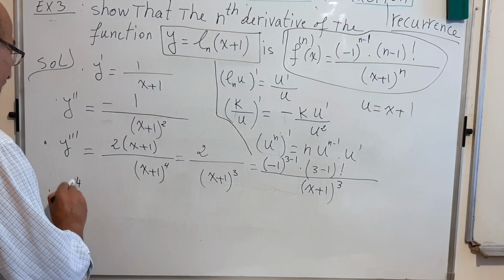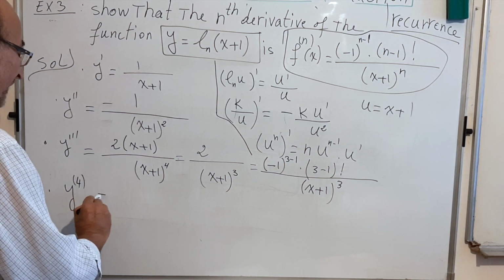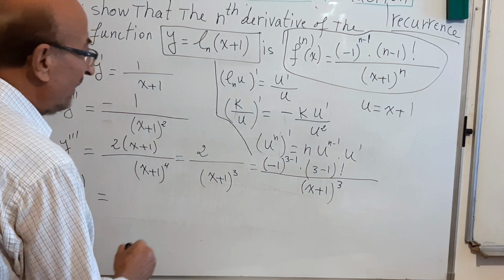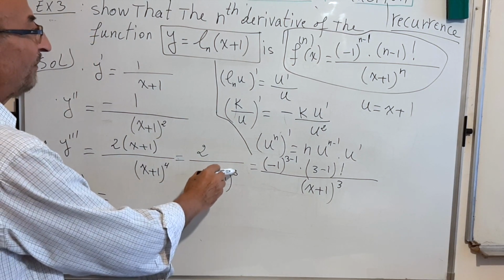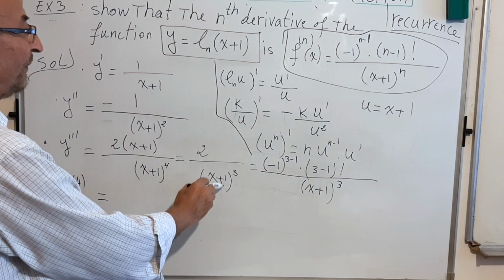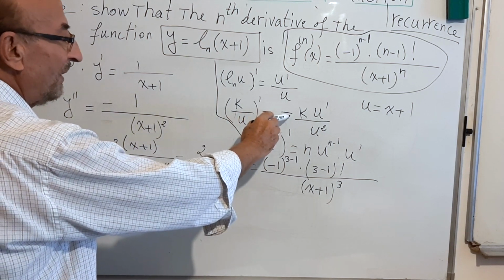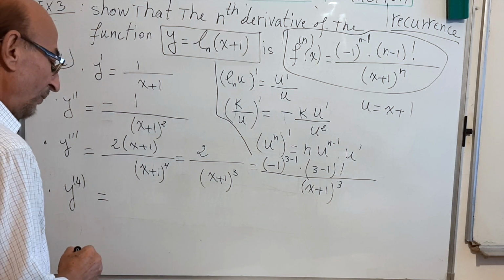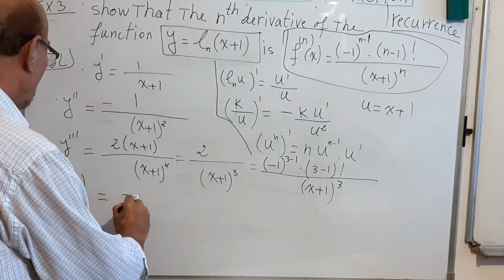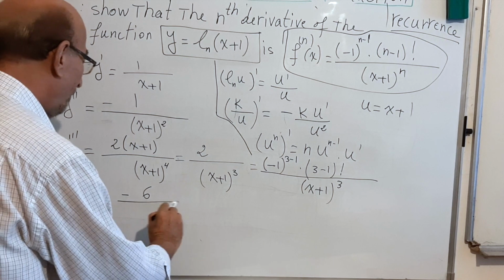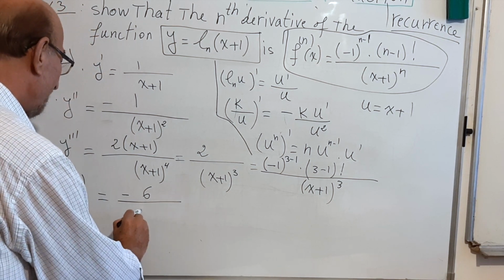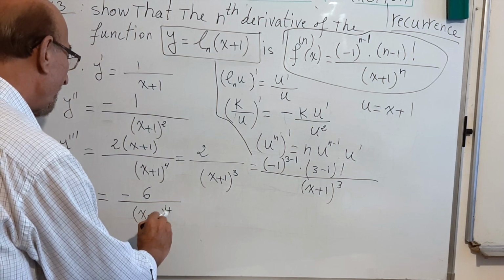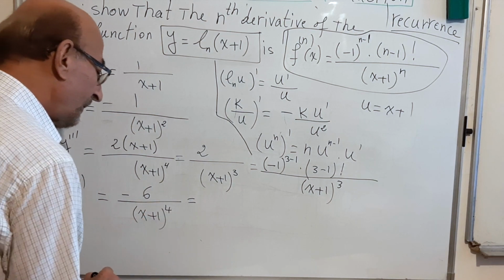Derivative of order 4 of x equals the derivative of 2 over x plus 1 power 3. K over u is minus k u prime over u squared, and we obtain minus 6 over x plus 1 power 4.